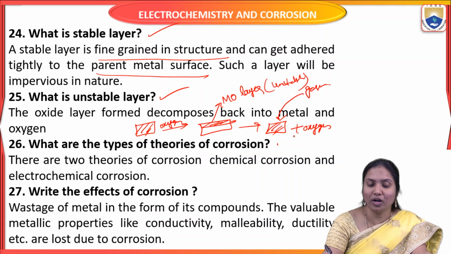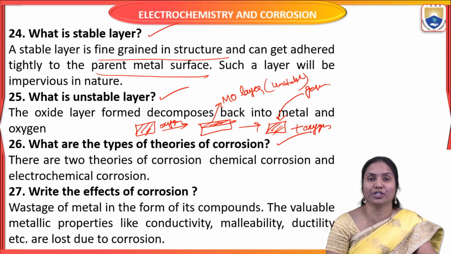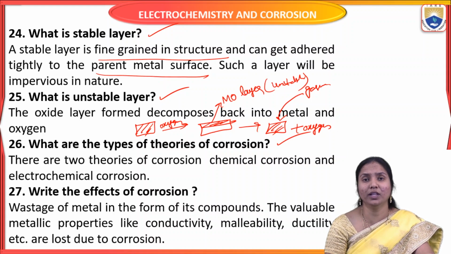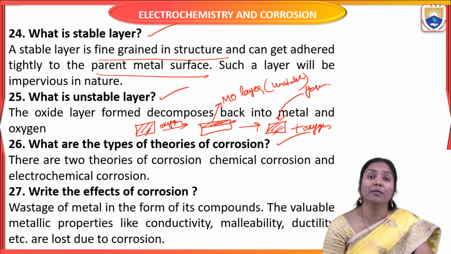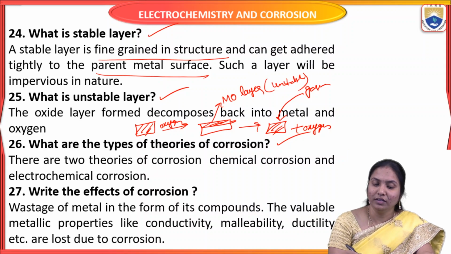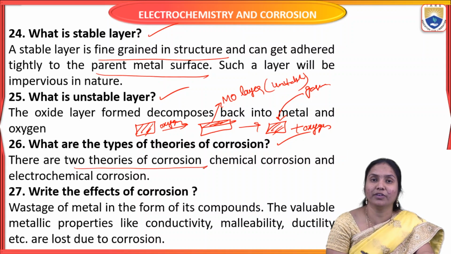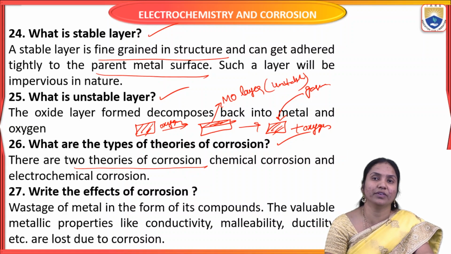And next, what are the types of theories of corrosion? We already know that corrosion means loss of metal by the attack of the environment or atmospheric gases on the metal surface. There are two types of corrosion.